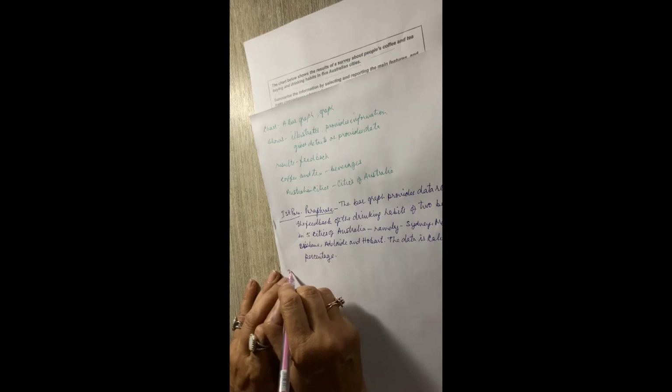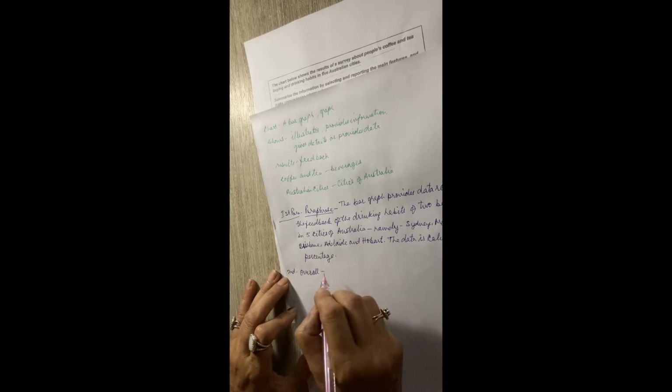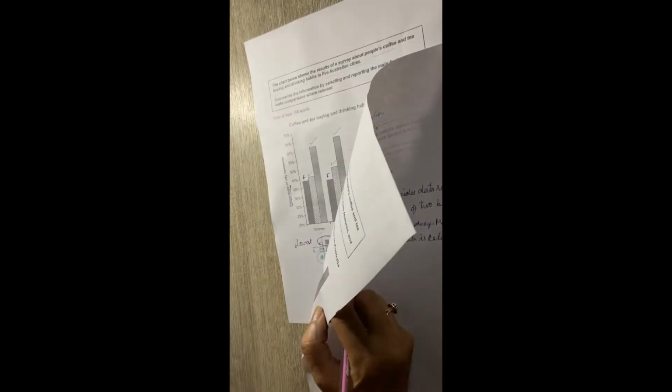Our second paragraph would be overall. So how do we write overall? What do we observe in the overall? What we had already observed here. So what do we write in overall?